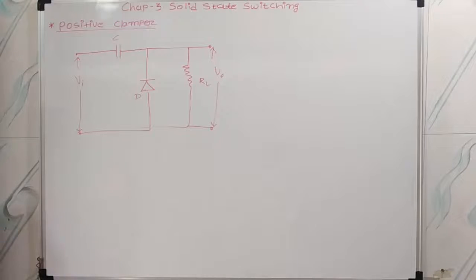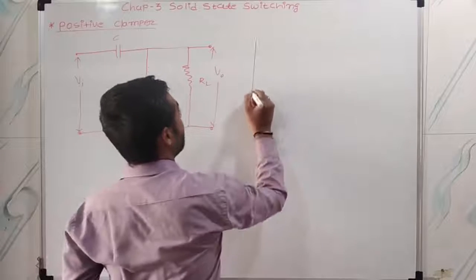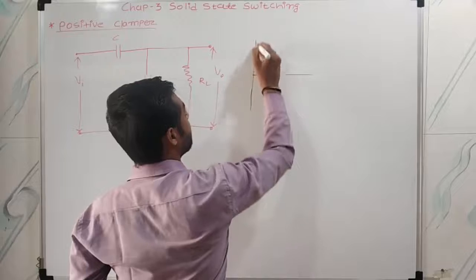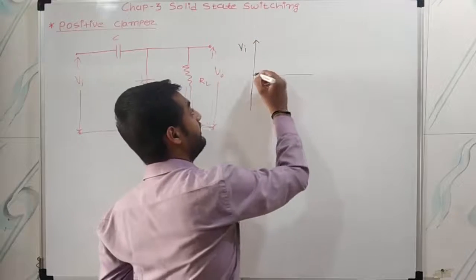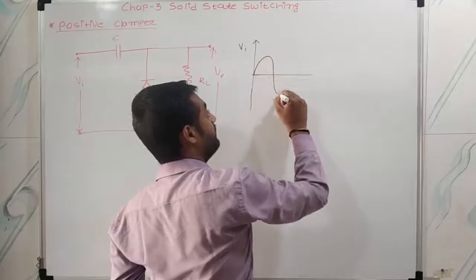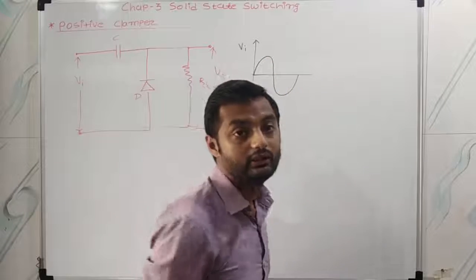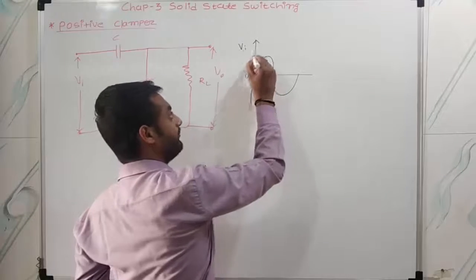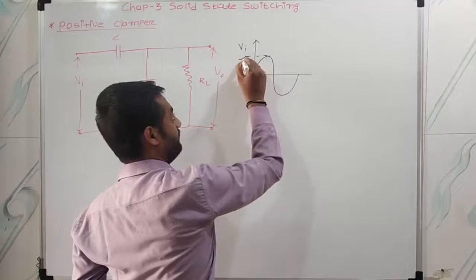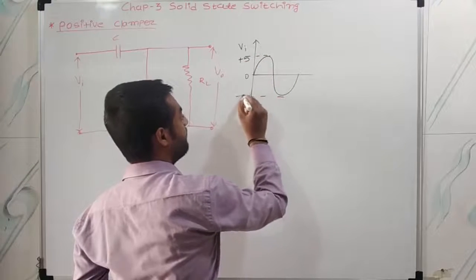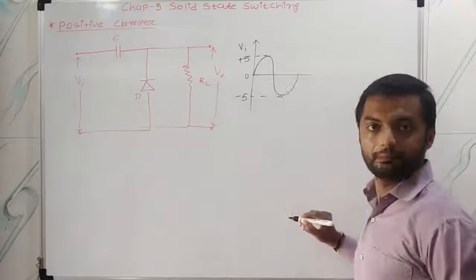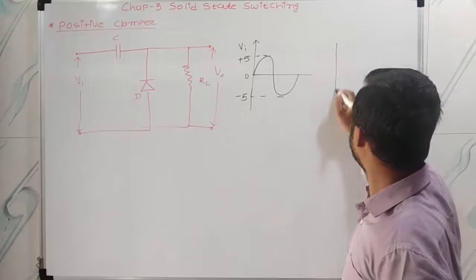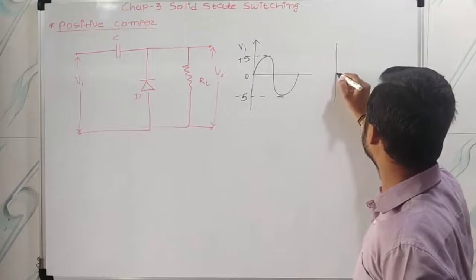This capacitor, this one is the diode, right? Suppose at the input you are giving a wave like this: this is the input Vi, ranging from plus 5 to minus 5 volts, right? But at the output what will you get? At the output you will get a wave like this.